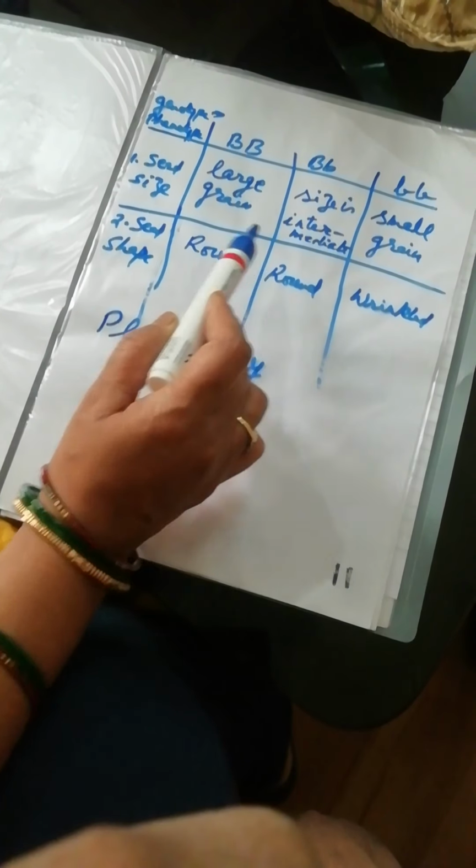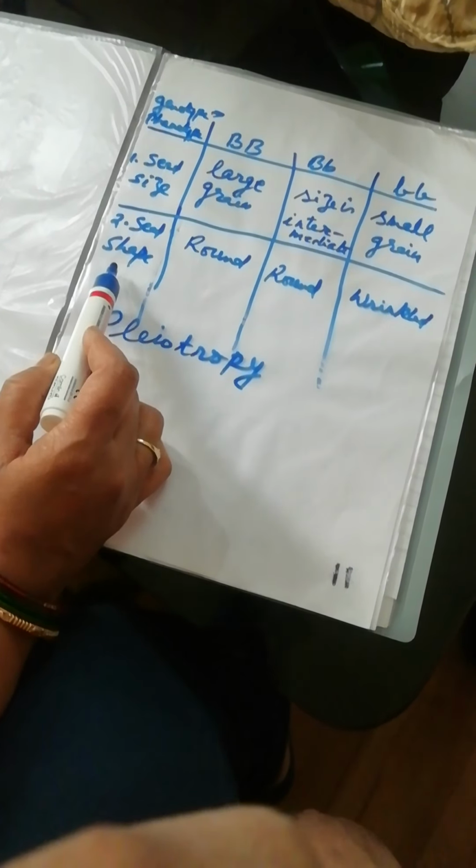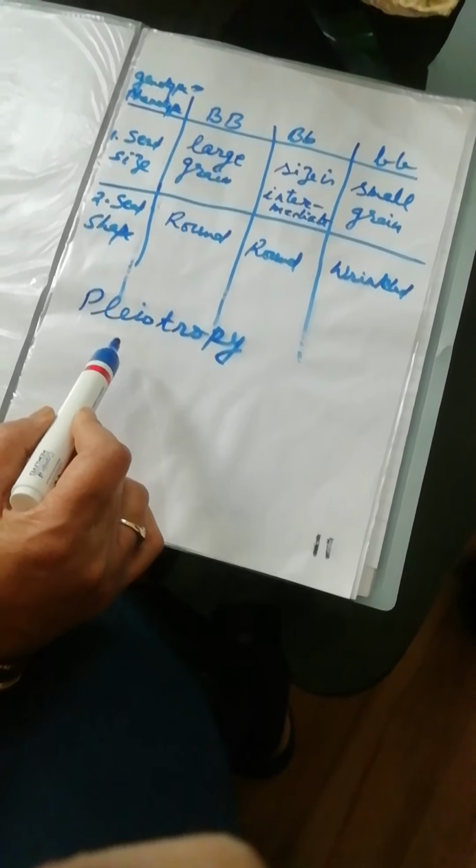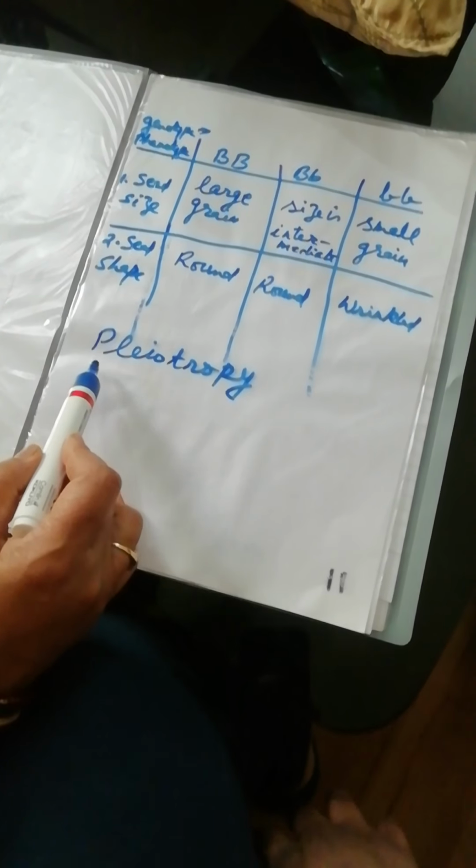If we consider this phenotype, it is showing complete dominance. So what is this phenomenon called? Same gene controlling more than one phenotype, it is called pleiotropy. I hope you have understood these two examples of deviation from the Mendelian result, that is incomplete dominance and complete dominance. Okay.